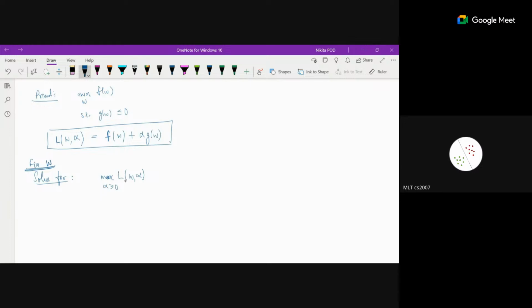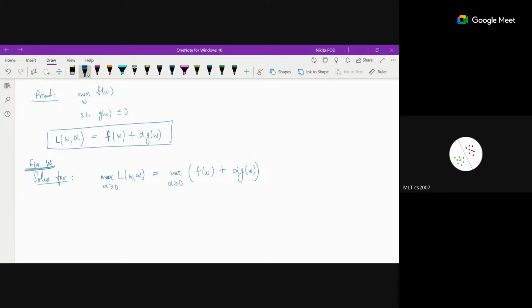So this is equivalent to solving the max of f of W plus alpha g of W, where alpha is restricted to be greater than or equal to 0.